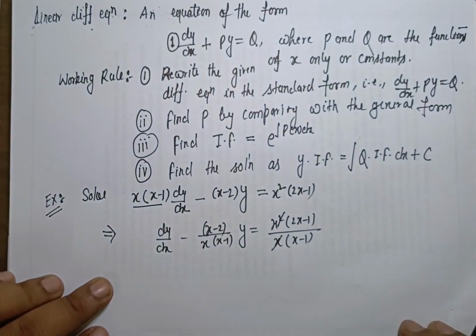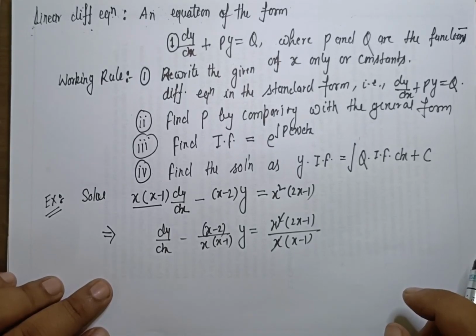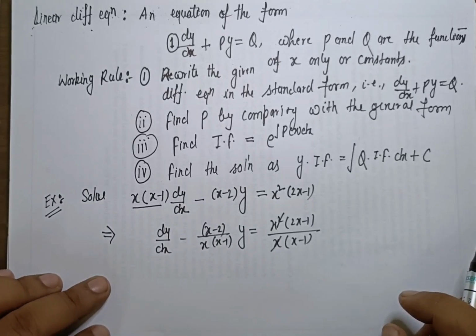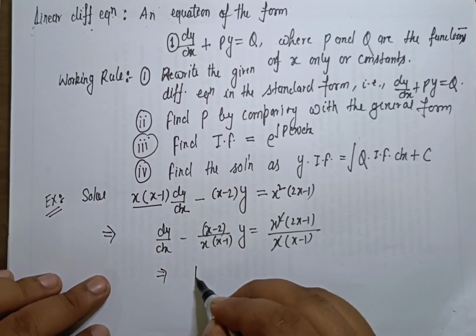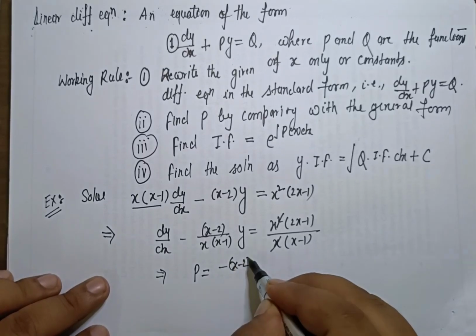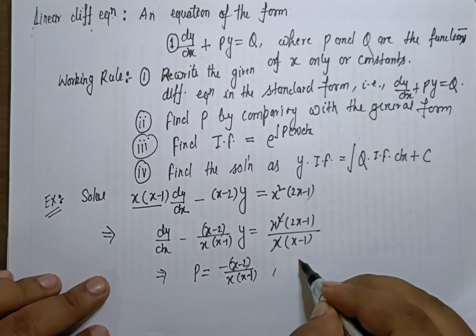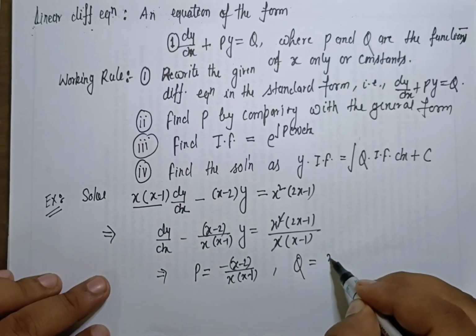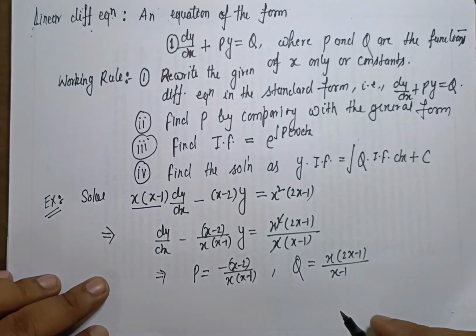You can cancel out. From here you can find the values of P and Q. P is minus (x minus 2) divided by x into (x minus 1), and Q is x(2x minus 1) upon (x minus 1).